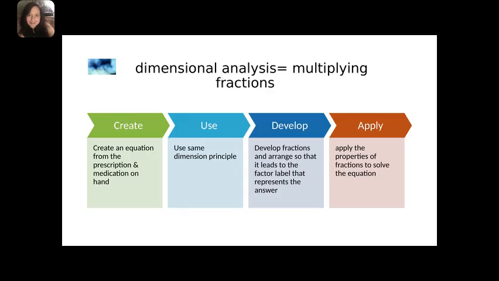We develop fractions and arrange these so that it leads to a factor label that represents the answer or a unit of measure. I'm going to use the term factor label because this is actually called the factor label problem solver. So when we have factor labels, these are the units of measure that nurses need. For instance, mils per hour and so forth. And then we apply all of these properties and solve that equation.